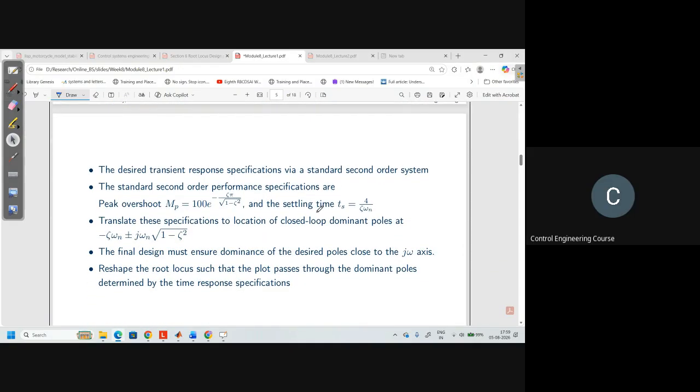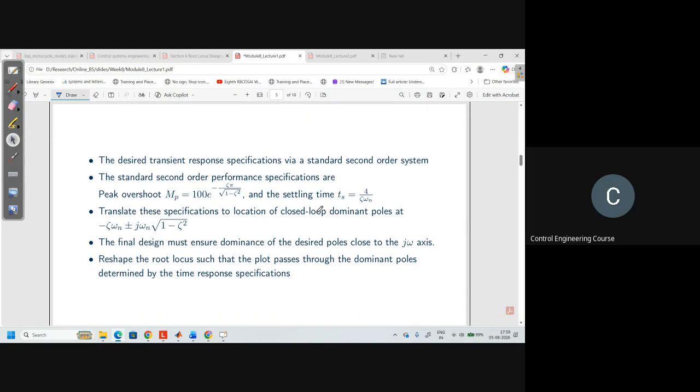For that, you will be given the desired transient response characteristics via a second order system. Basically, peak overshoot Mp and settling time, which is 4 by zeta omega n for 2% tolerance. This is what we have to assume. If they do not give any specification about the tolerance, the standard is 2% tolerance.